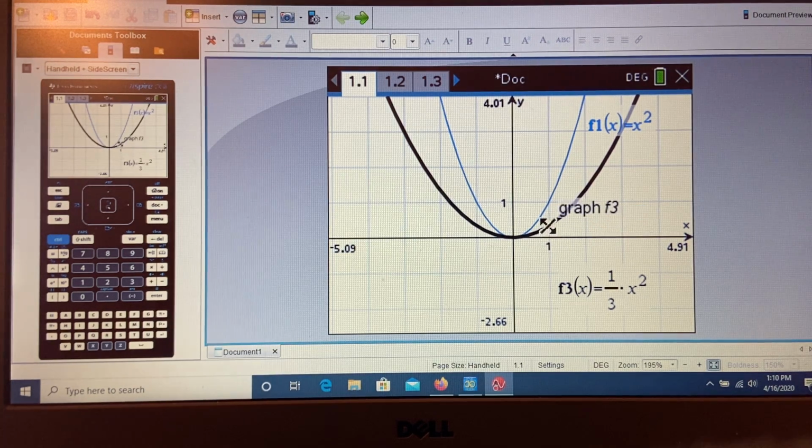That point right there is 1/3. And it's kind of an estimate because this whole thing is 1. Half would be right in between there. So that's at about 1/3. And we would go over negative 1 and up 1/3. So that's kind of how we can graph that a transformation.